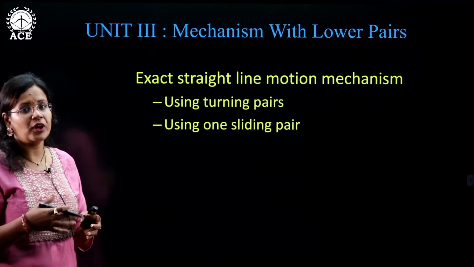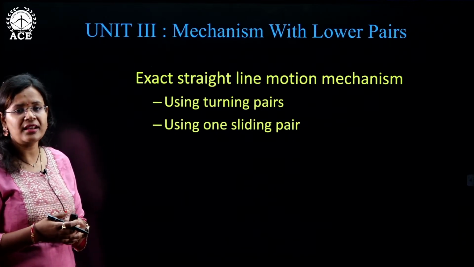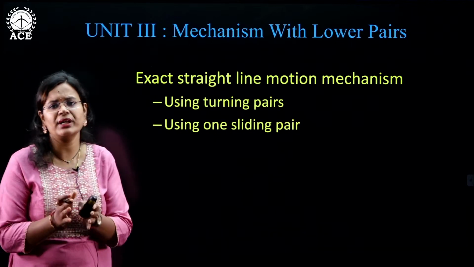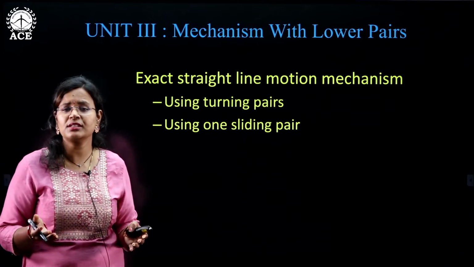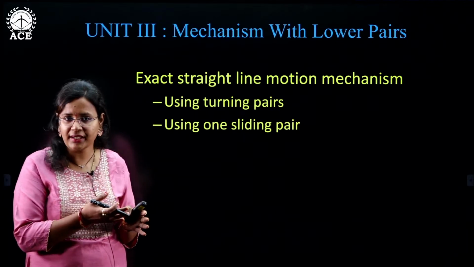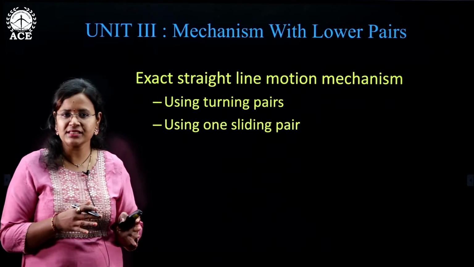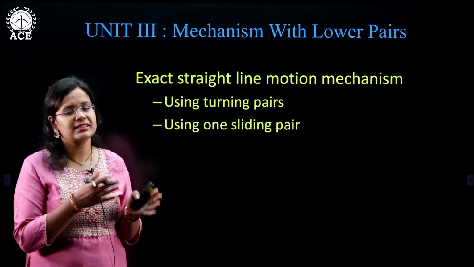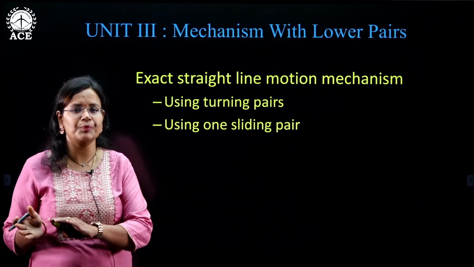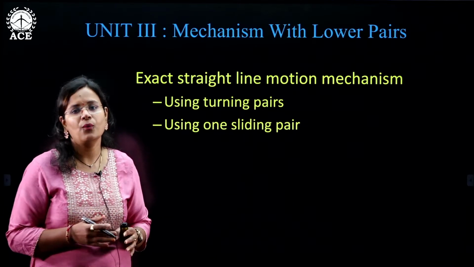If I say straight line, you may ask whether it is an exact straight line or an approximate straight line. So here in this session, we will be discussing both types, the exact straight line and the approximate straight line. Let us go one by one.